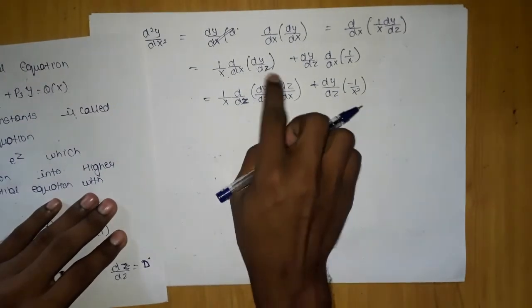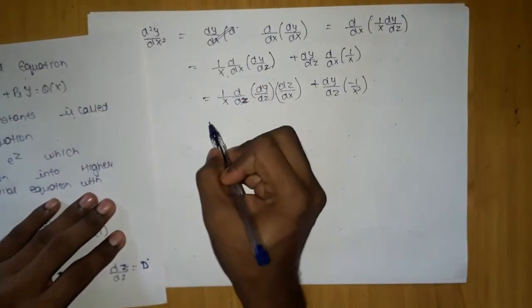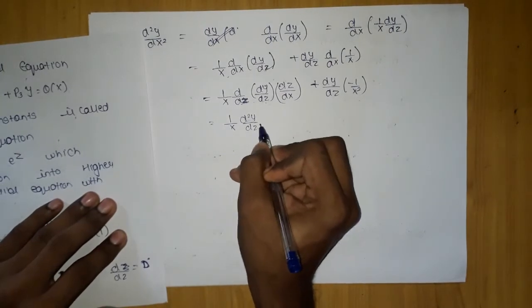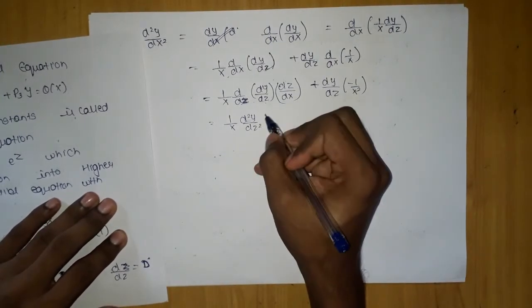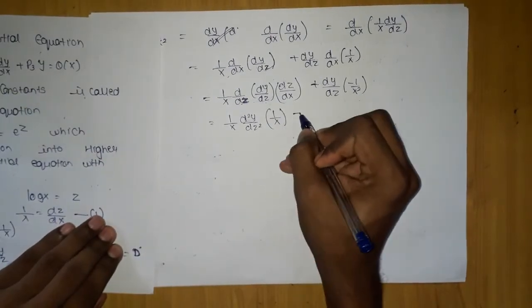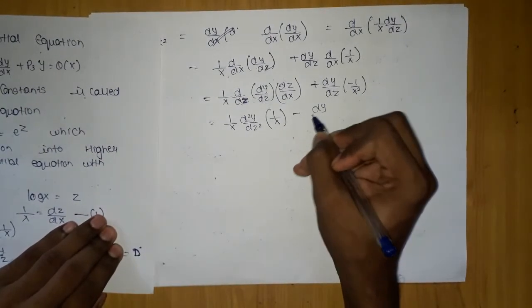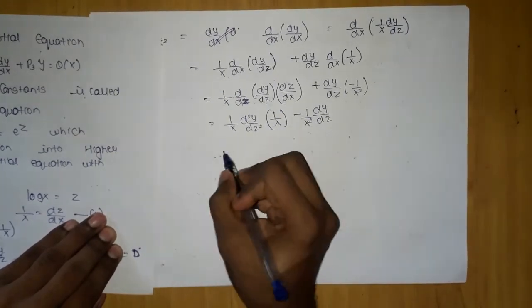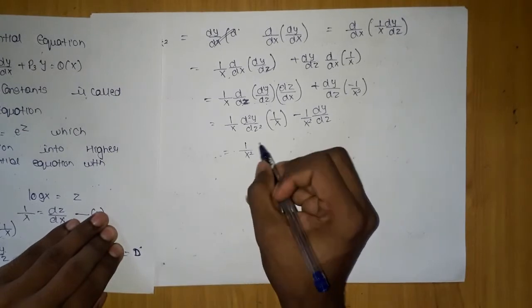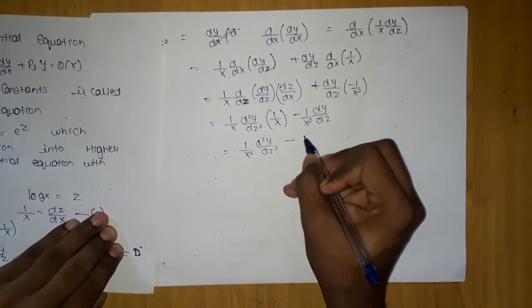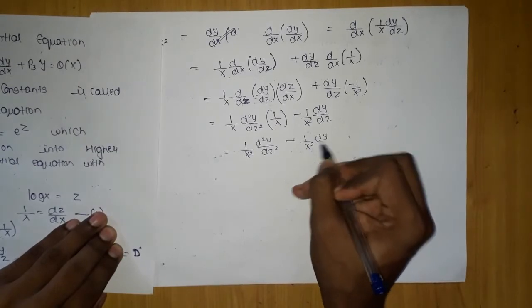So we know this value will get multiplied and will give me (1/x) d square y/dz square, and this value I already know, d/dz, which is 1/x, plus here it will be minus dy/dz into 1/x square. Here it will become 1/x square into d square y/dz square minus (1/x square) dy/dz.